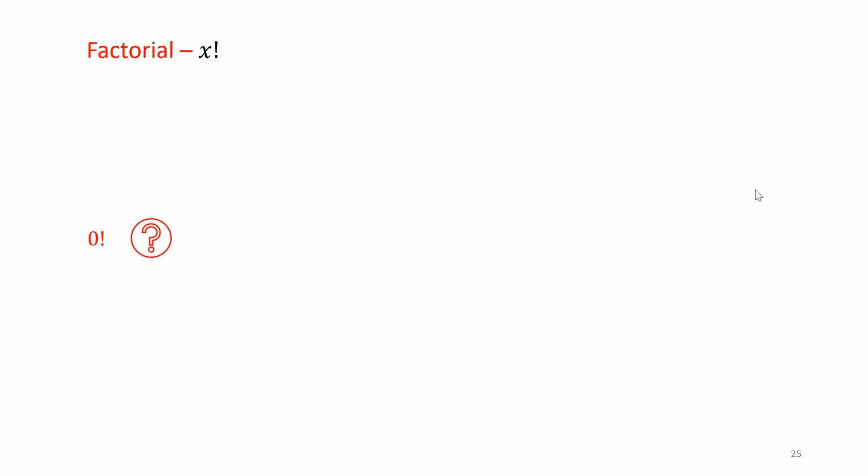Now, in this one, we're going to determine what 0 factorial is by looking at a smaller closed form expression of n factorial. Let's look at this. 1 factorial is 1. 2 factorial is 2 times 1, which is 2.